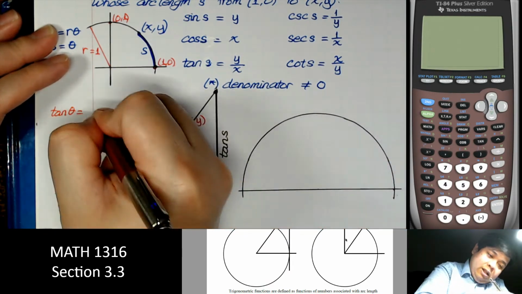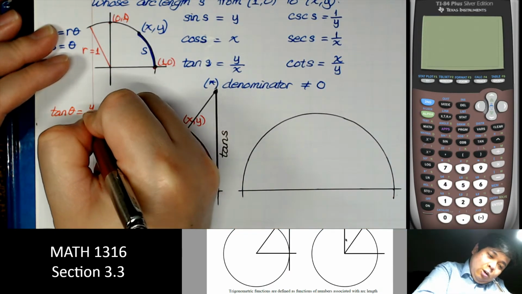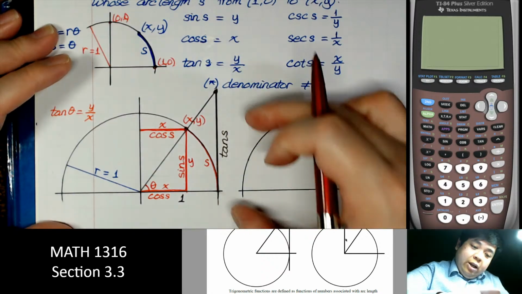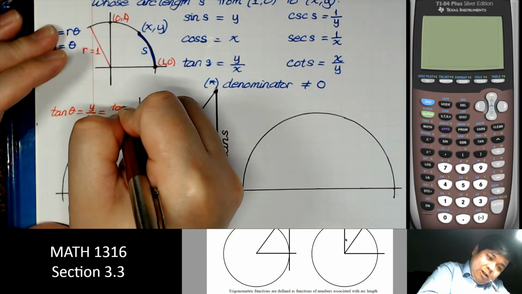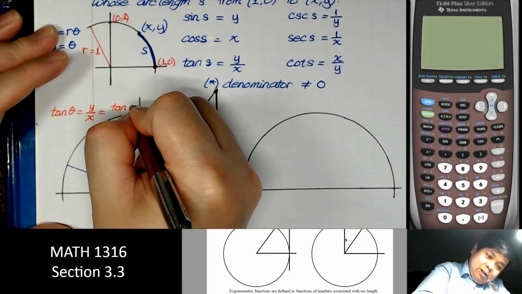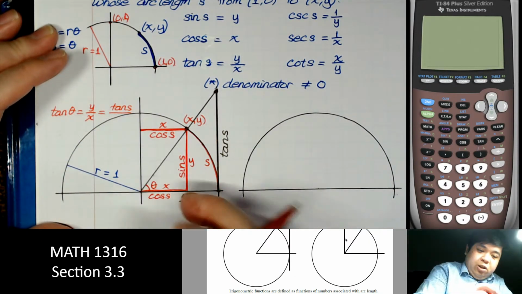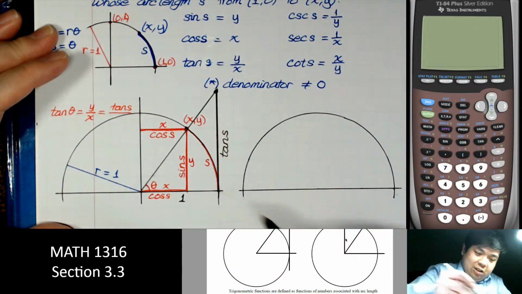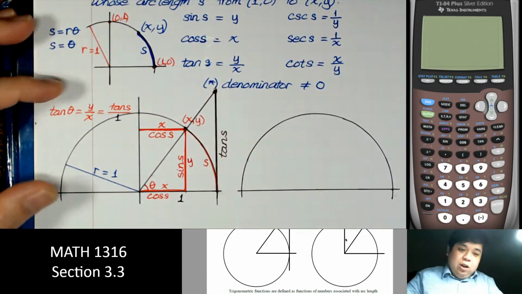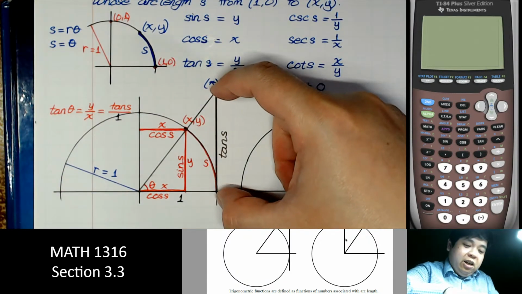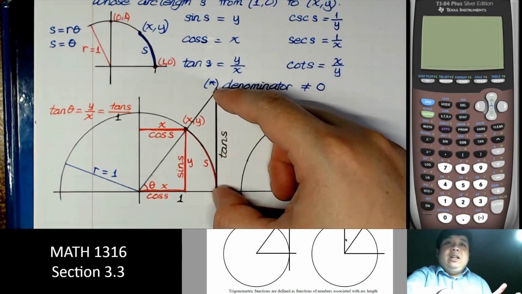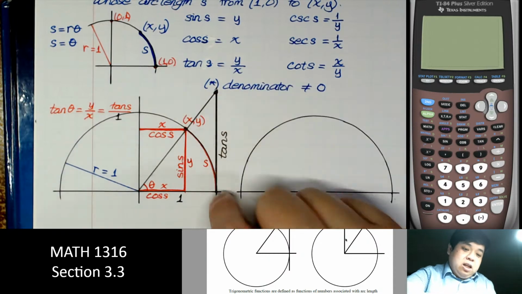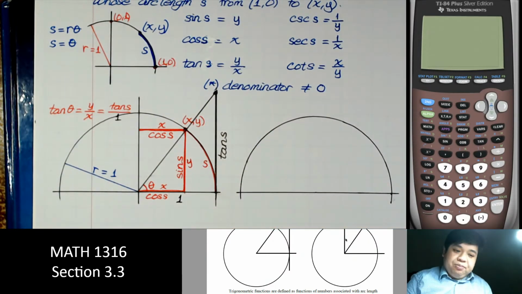So opposite over adjacent, and opposite over adjacent, which is 1. Yeah. So that's why the distance here on the tangent line is tangent, and that's why it has the name tangent, because it is a tangent line.